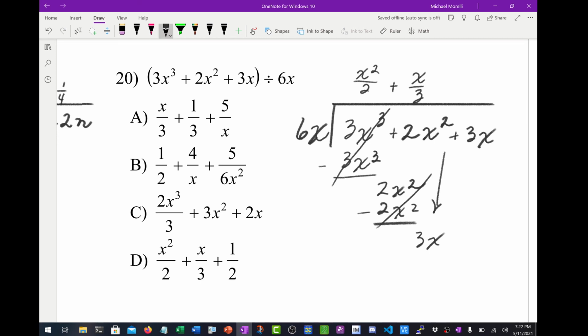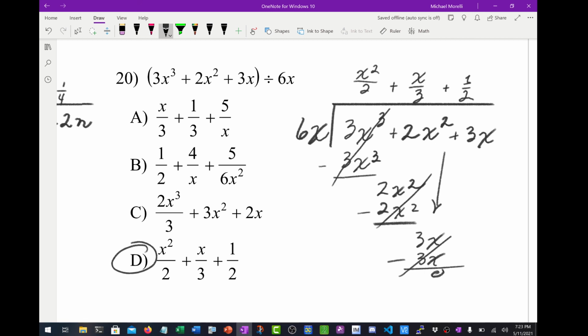So plus 1 over 2 is the final term of our quotient, and that's going to render 6x to be 3x, and there's no remainder. So x squared over 2 plus x over 3 plus 1 over 2 is D.